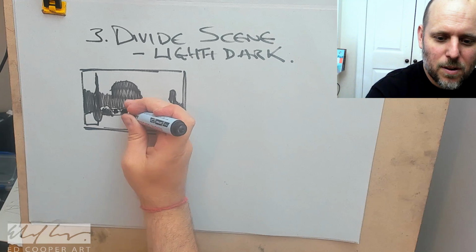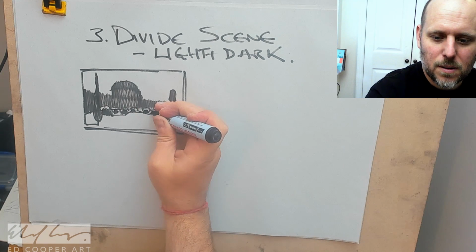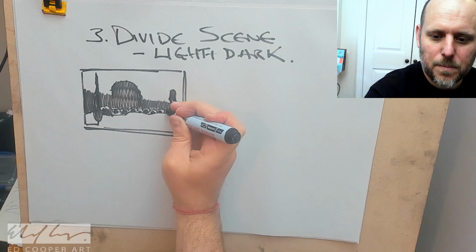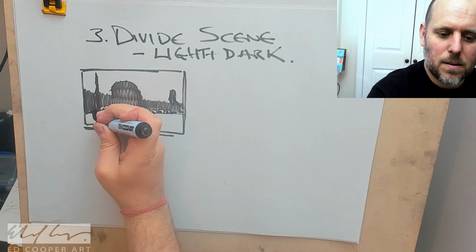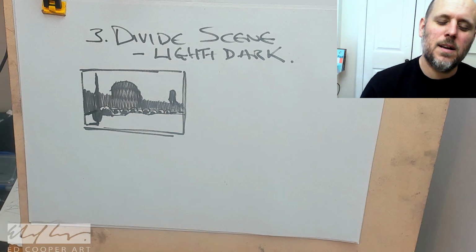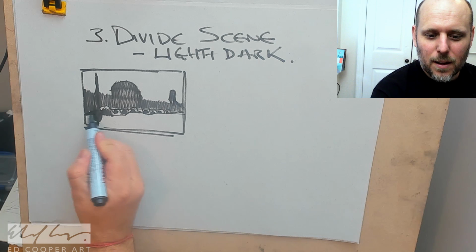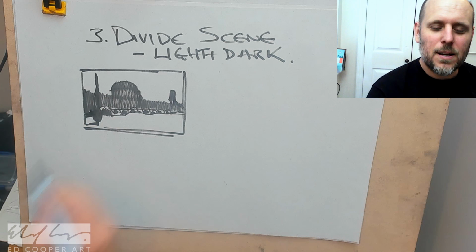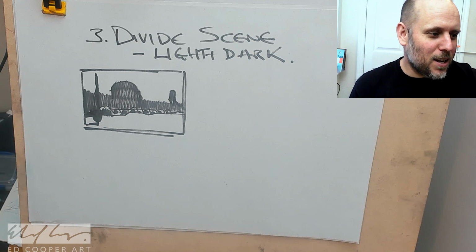Okay, then we've got little dots of the light on top of the shrubs. Something like that. Okay, so that would be my black and white pattern. Now I'm going to try and find another one here.